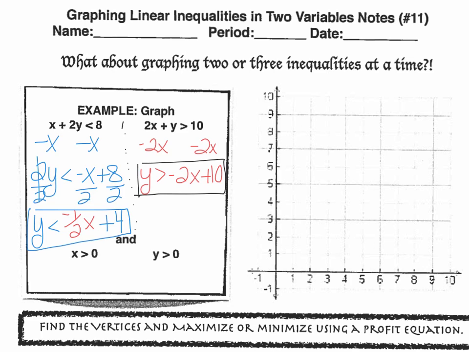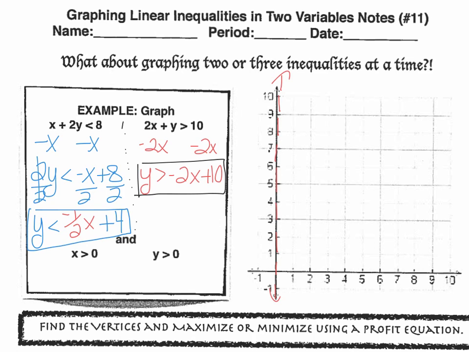So I always start by graphing those two lines first because they're the simplest. And x is greater than 0, well, if it's an x equals line, remember that's your y-axis, it's vertical. And because it's just a greater than, I'm going to have a dotted or a dashed line.